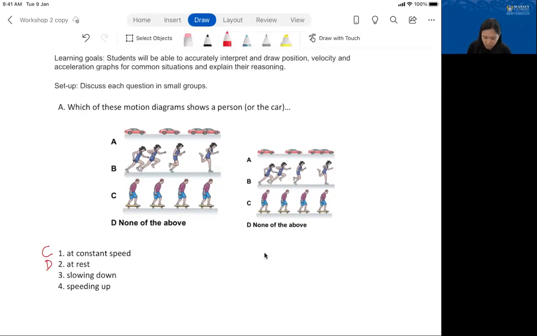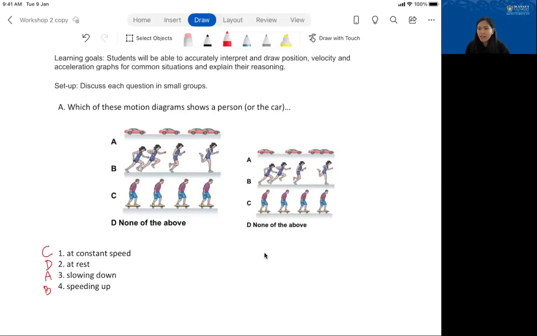Slowing down is the motion in A, because as time goes on, the car is covering a smaller and smaller distance because it's slowing down. And speeding up is the opposite of slowing down. So obviously that's when you're covering longer and longer distances as time goes on, because you're moving faster and faster. Good.